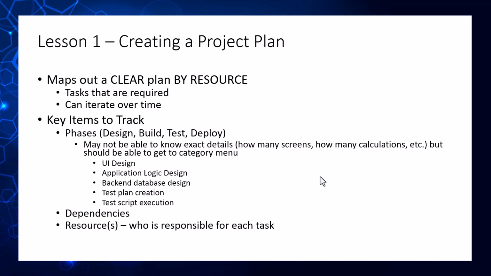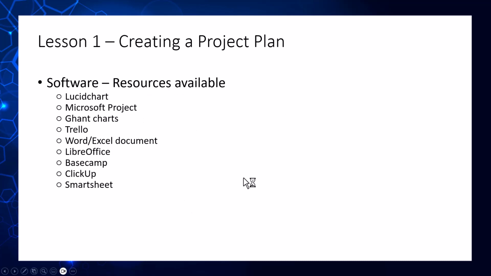That way, if something does slip, here is who is accountable for it, but also just as you're gathering updates over the course of the project, you want to make sure that you have a point person for each item that's being worked on so that you can get a proper status update. And we're going to talk about status updates in the build module over here, but this is just, at a bare minimum, what you should be tracking.